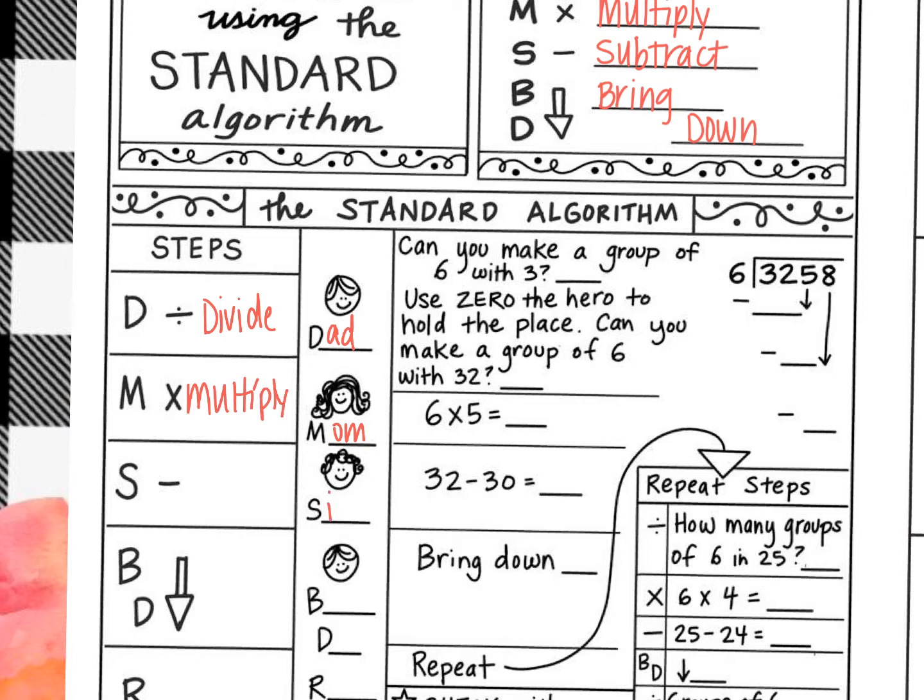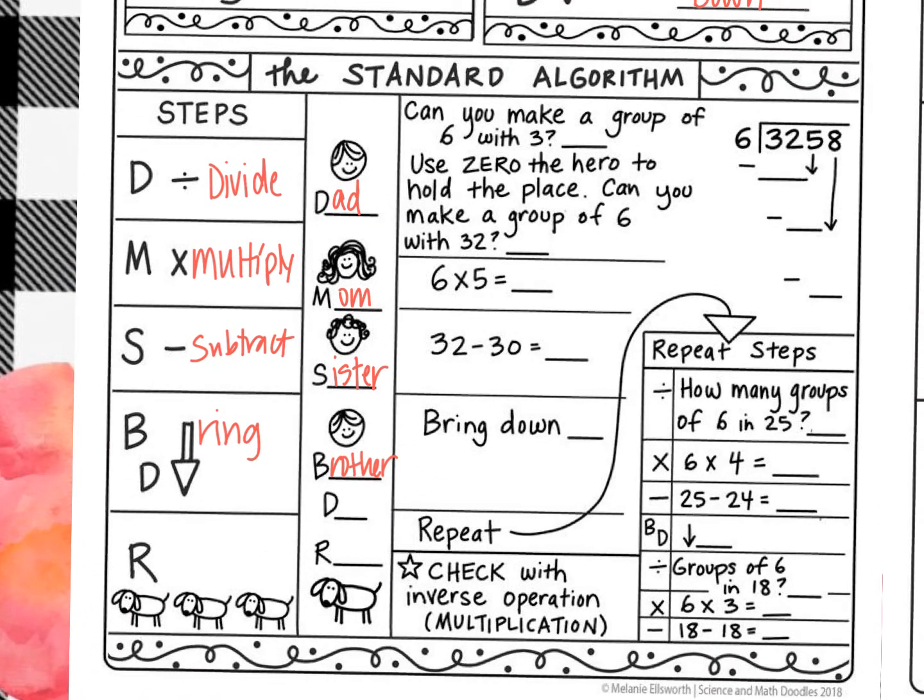We can either put sis or sister, which is subtract. B for brother, which represents bring. Can you do bro for brother? Sure. And then D is our dog. Dad, mom, sister, brother, dog, which is for bring down.